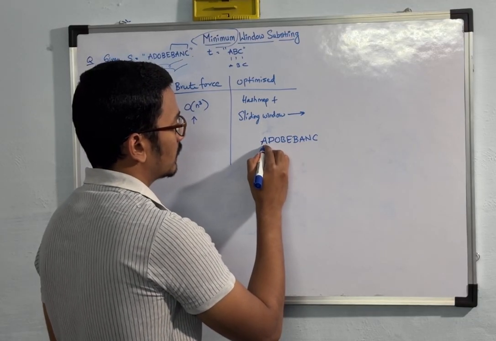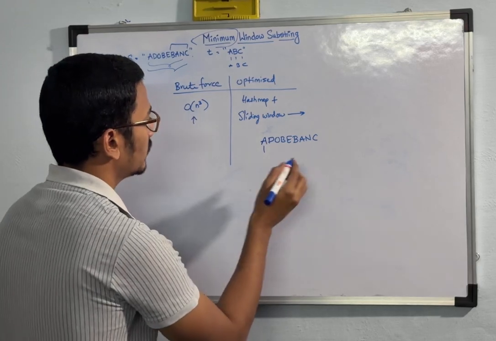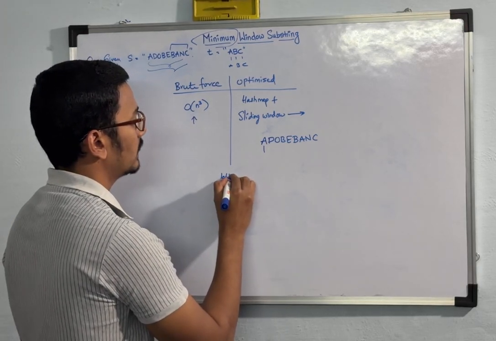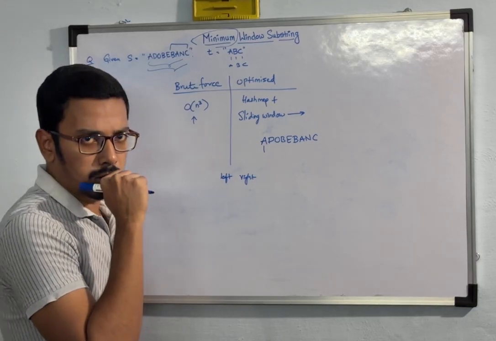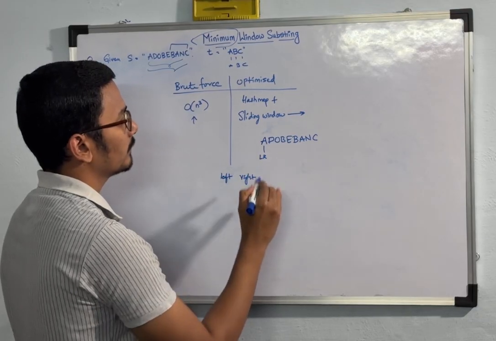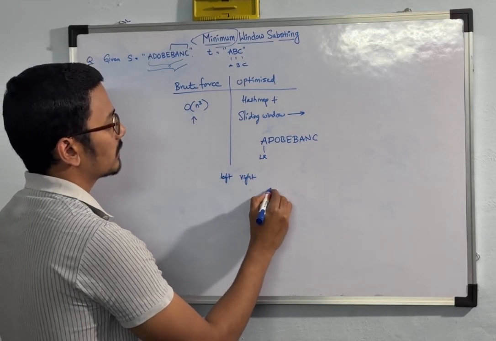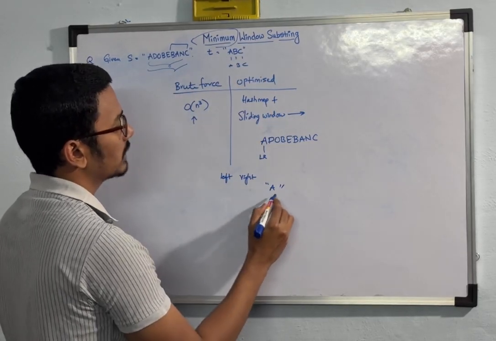There will be two things in the sliding approach, left and right. Initially we keep both left and right here only. So the substring will be A. In this A, we don't have all these characters. B and C are missing.